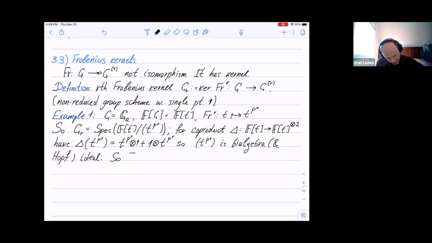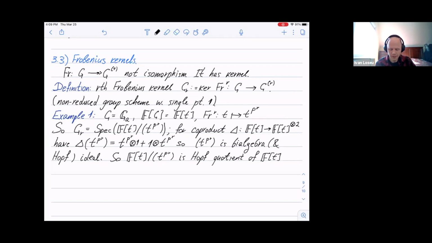So the quotient that we consider is a Hopf quotient of polynomials in one variable, which is the algebra of functions on the initial group. So that's how the Frobenius kernel is a group scheme.